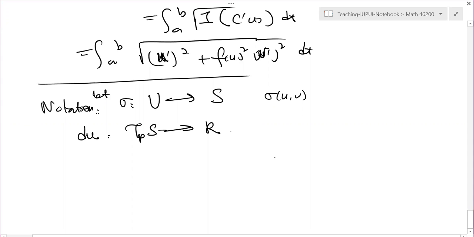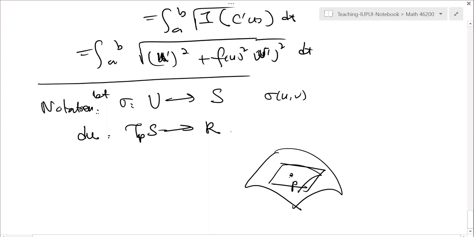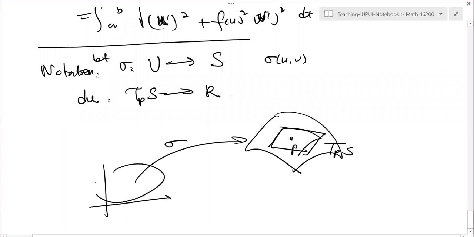So this is the surface, here's a point P, this is the tangent plane T_P S, and here's the sigma map. This is my domain.